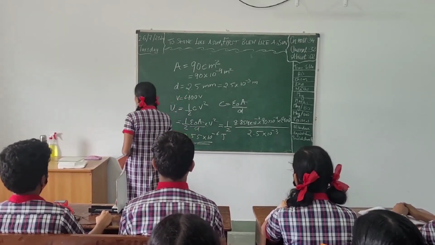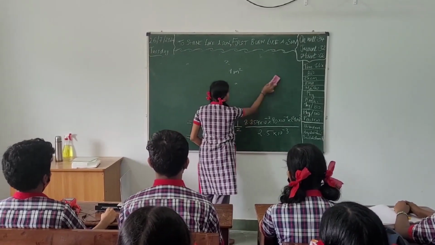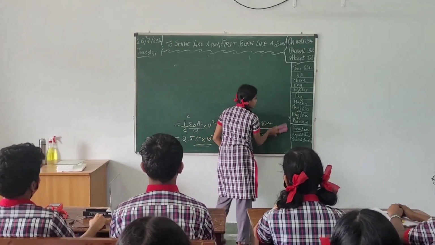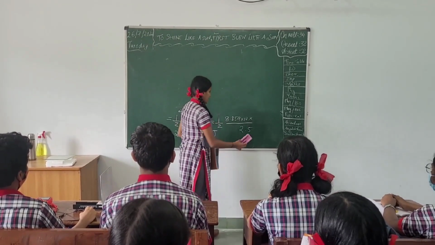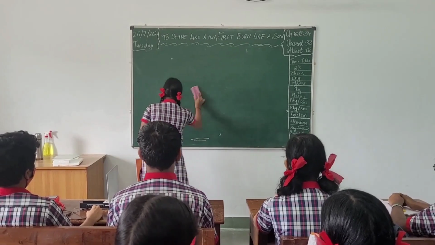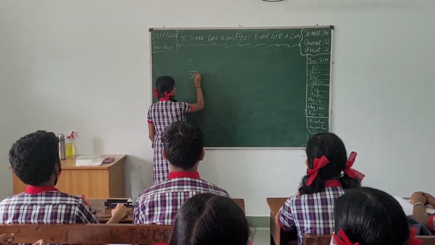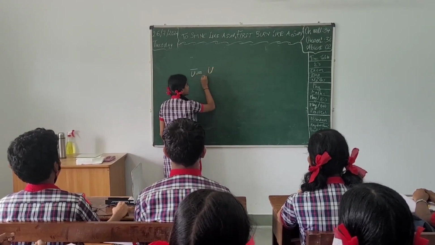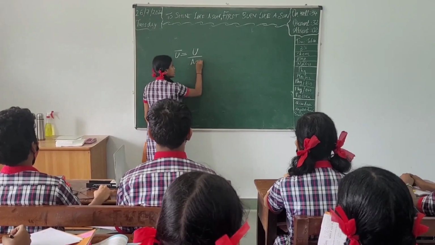Now we are asked to find the energy per unit volume. What is the formula for energy per unit volume? Energy per unit volume, U dash, is equal to total energy U by volume. Volume is area into distance.